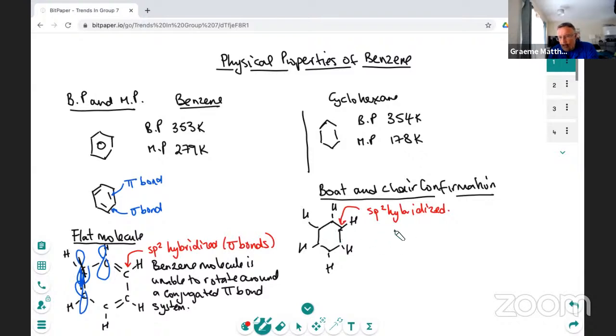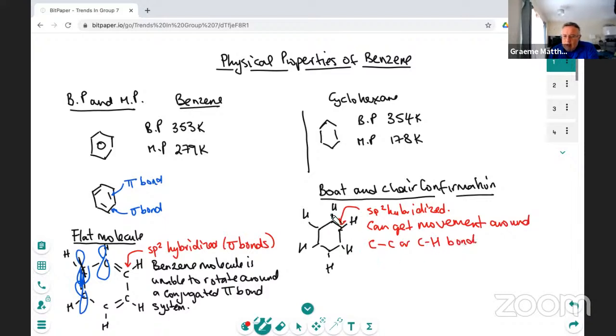So you can get rotation around the carbon, or I should say, you can get movement around the carbon-carbon or carbon-hydrogen bonds. So you can get movement around the carbon-carbon or the carbon-hydrogen bond.